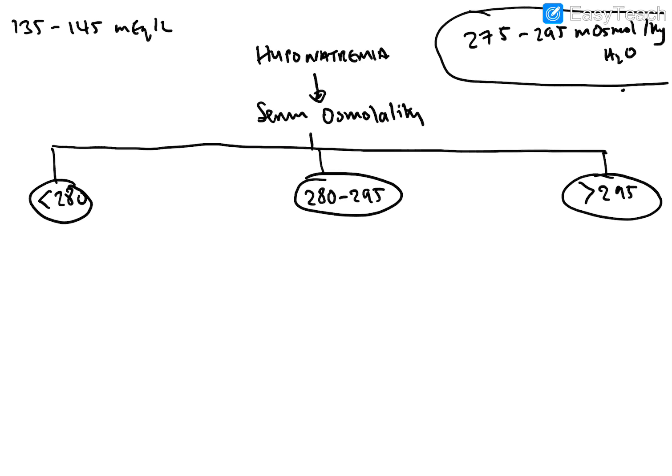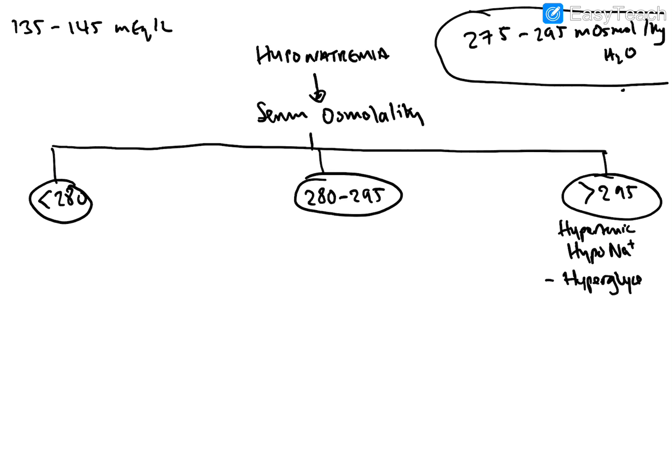So if it's above 295, this is termed as hypertonic hyponatremia. I will just write Na plus for sodium. Hypertonic hyponatremia. Now, causes of hypertonic hyponatremia include hyperglycemia.